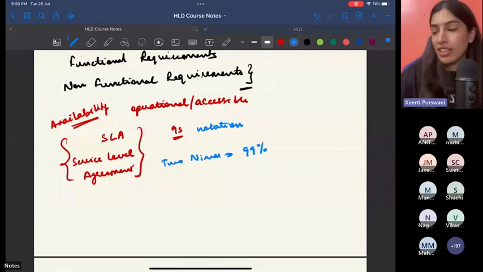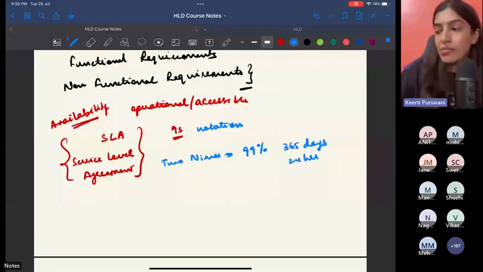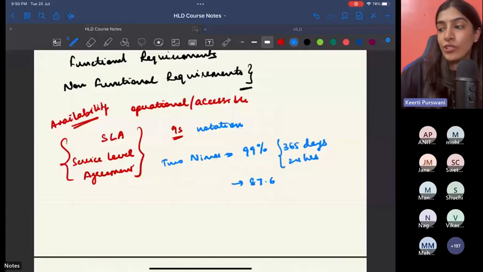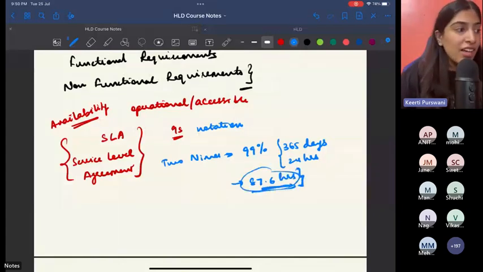99% available means, can someone calculate, if there are 365 days, every day has 24 hours, 99% available means what? It is going to be down for how many hours? Can you quickly calculate? It is going to be down for 87.6 hours. Do you think it is a good system that out of 1 year it is going to be down for 87.6 hours?